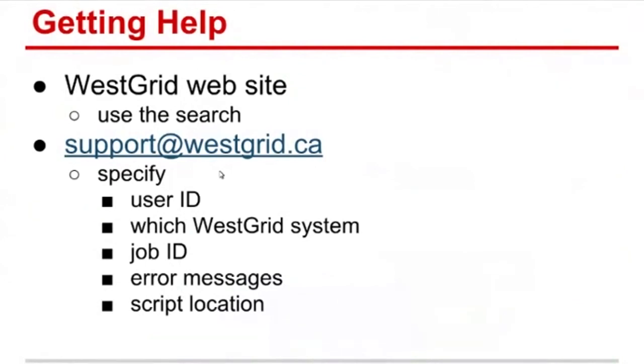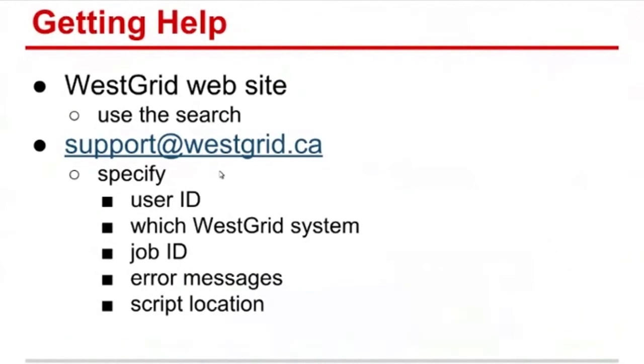I was wondering, you mentioned that different universities had different software available to them. How do you find out that information? As you've seen on our website, we have labels like U of A attached to the modules. I know that some of the other sites have the same sort of system, but not all of them. So if you're not sure, you can send email to support@westgrid.